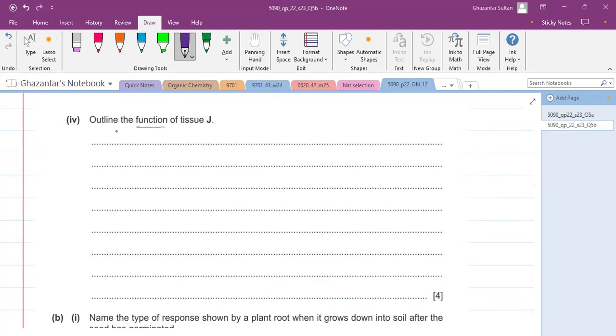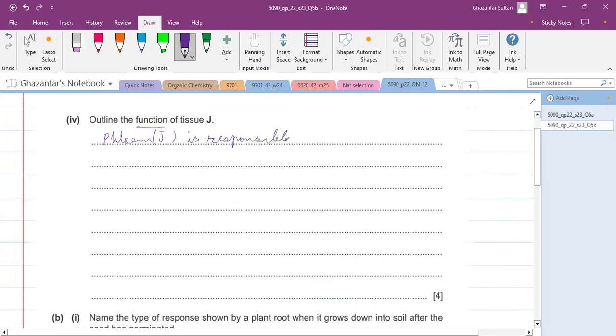What does it mean? Phloem is responsible for translocation. And what is translocation mentioned here?